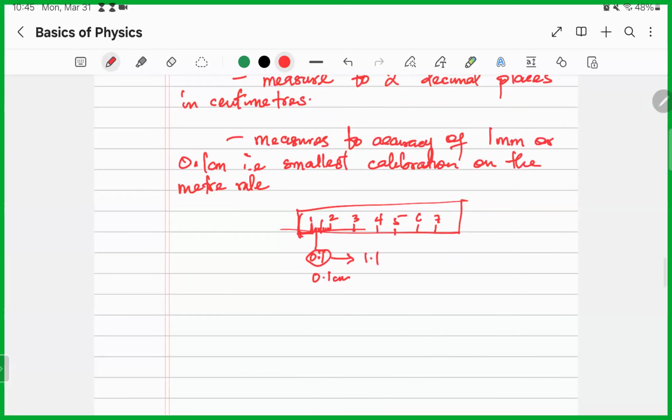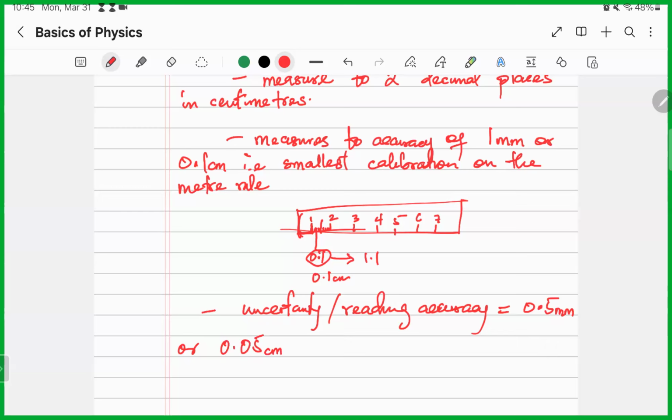Let's now move to another point, the uncertainty, or let's say the reading accuracy, of the meter rule. Let's say it is 0.5 millimeter or 0.05 centimeter.